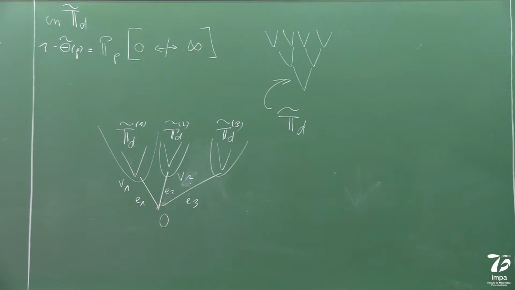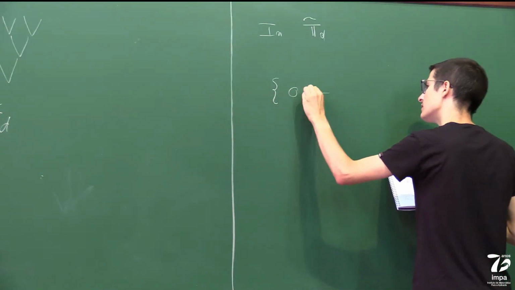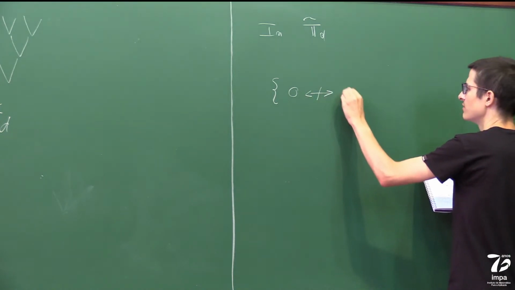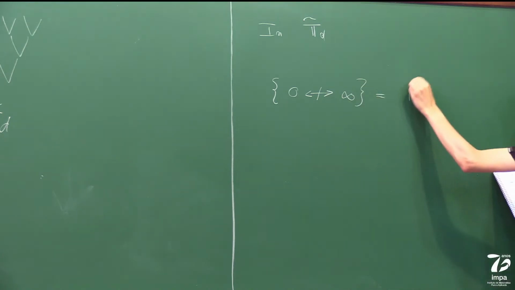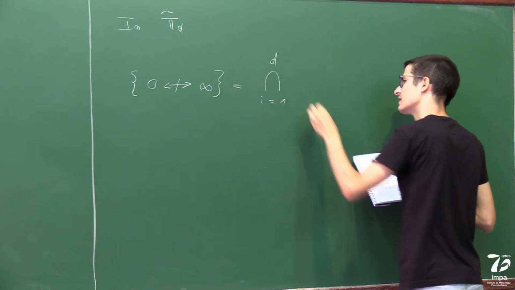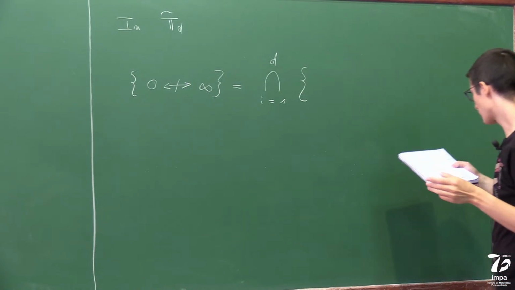So what I claim is that zero not connected to infinity, well, it's the intersection from i equal 1 to D of the complement of the event.